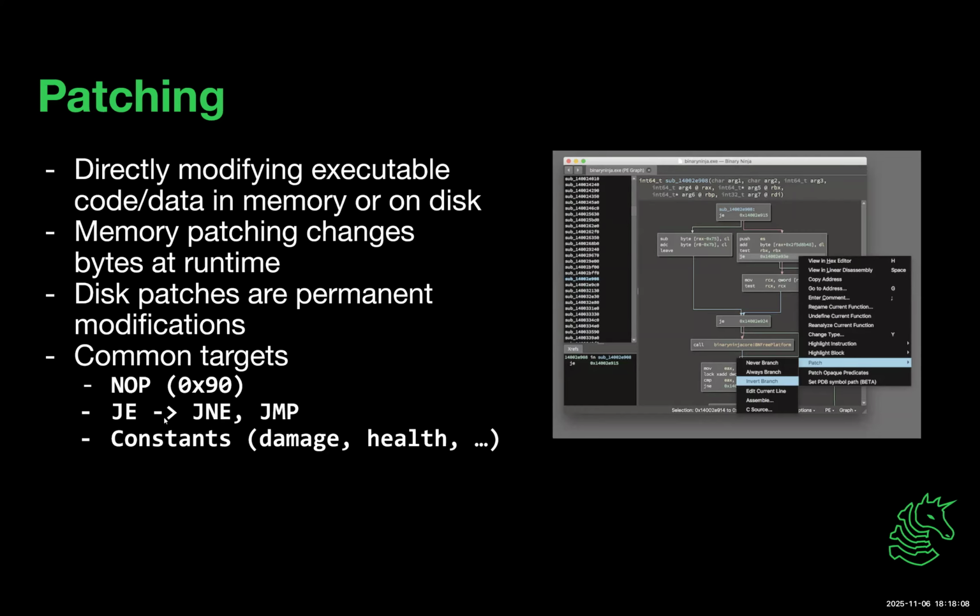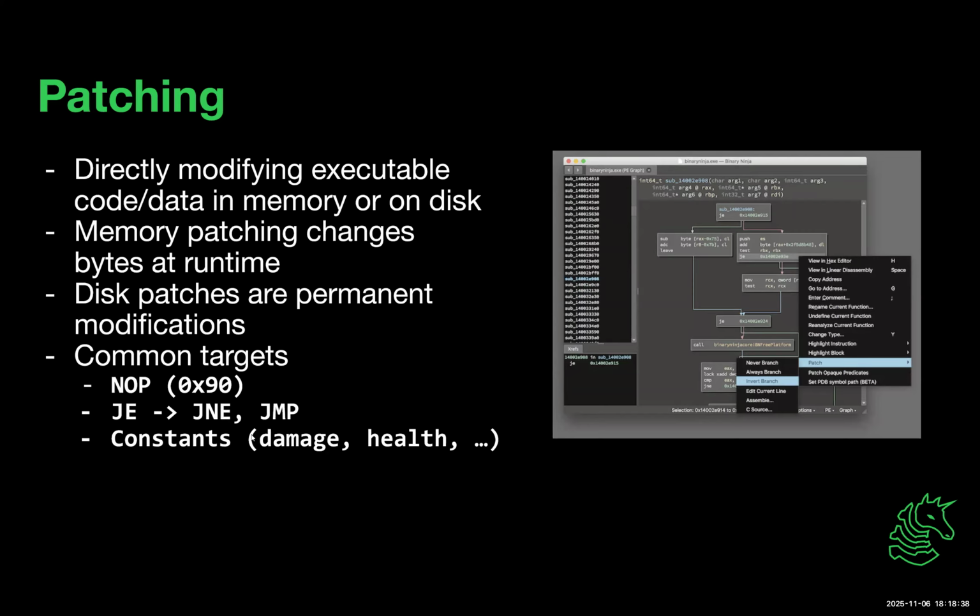But if you wanted to flip it so the contents of that if statement never occur, you can change that to a jump not equal to, or you could completely do what's called nopping it, is what I refer to it. That essentially means you replace that assembly code with dummy code, so it just never happens. You never even check if these two values are equal to each other.